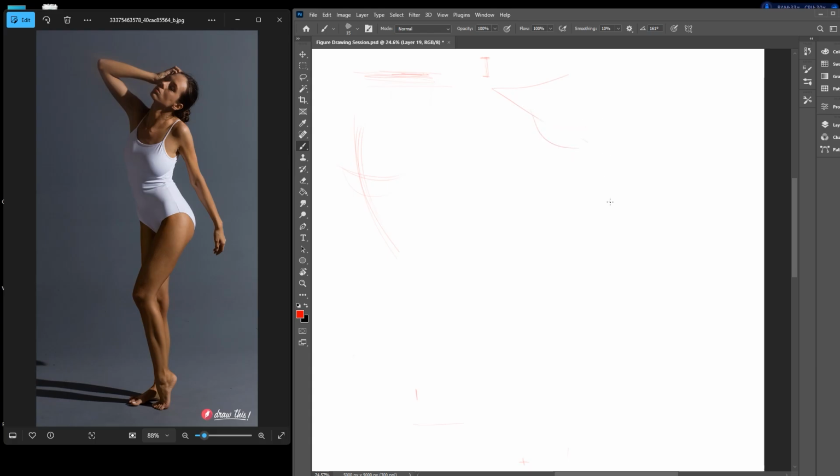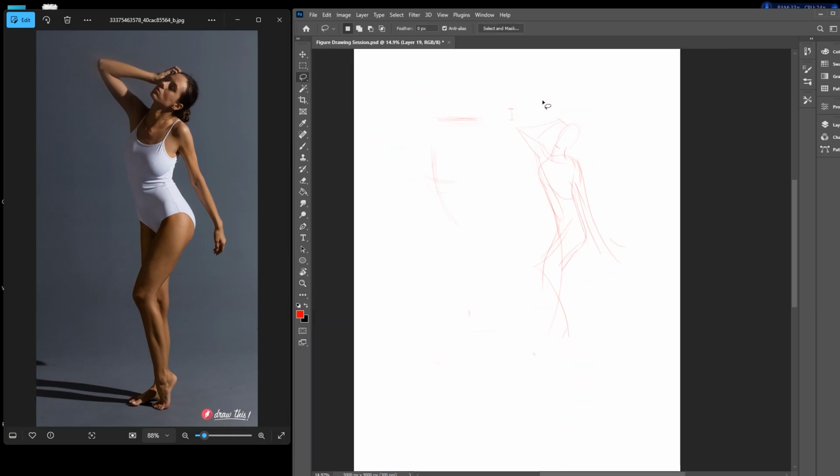Let me try another one. As you can see, there are a lot of approaches.